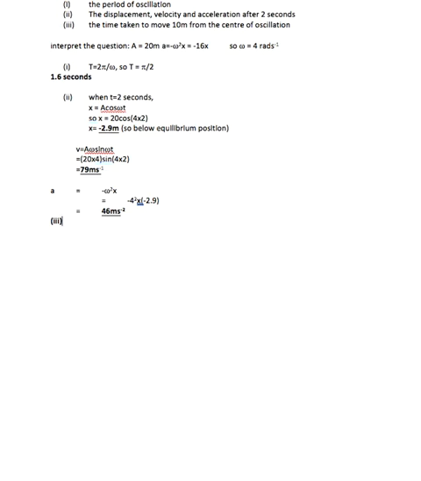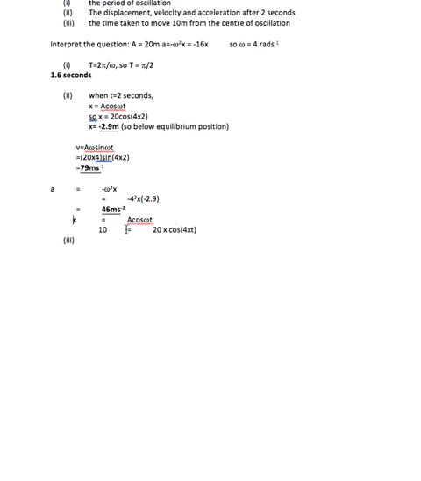And then finally, the time taken to move 10 meters from the center of oscillation. Well, as we said before, x equals A cos omega t. So x is 10. Is the amplitude 20 by cos 4 times t? It's t we're after. So cos of 4t would be a half.